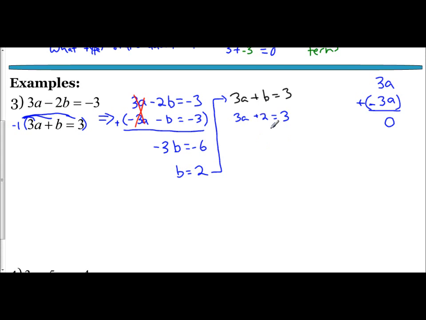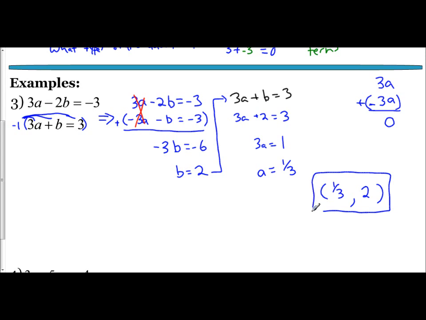I'm going to subtract 2, so 3a equals 1, and then divide by 3. a is 1/3. And so write your answer as a coordinate. This time it's not x, y, but it's a, b, so we do them alphabetically. 1/3, 2.